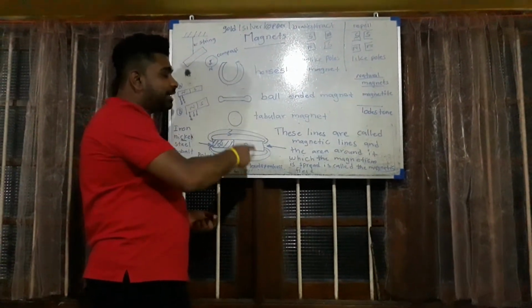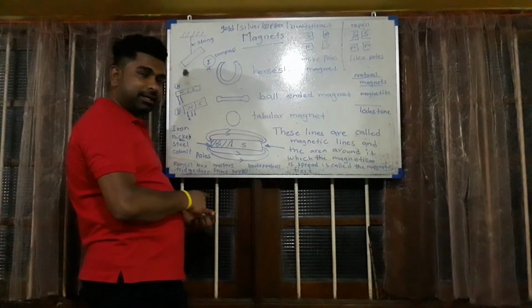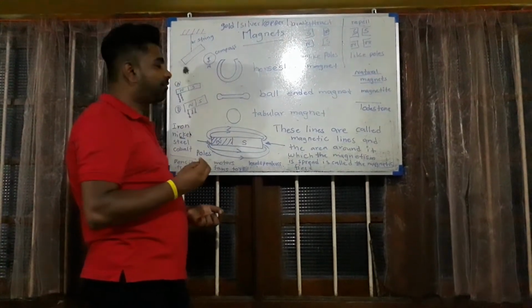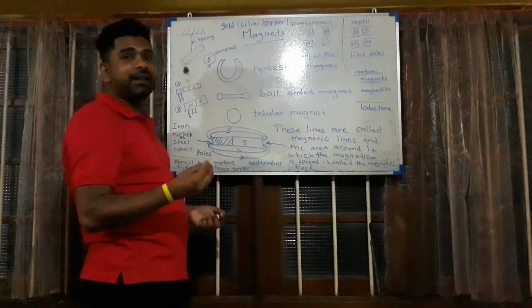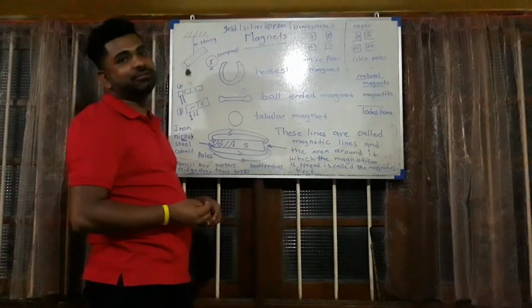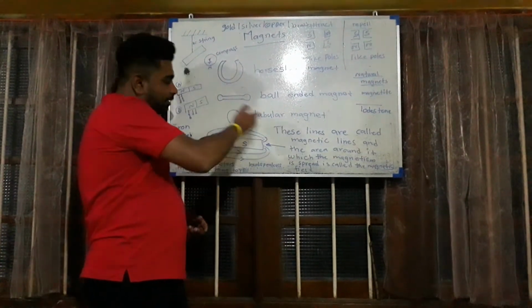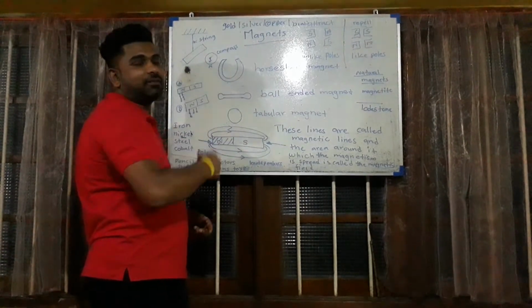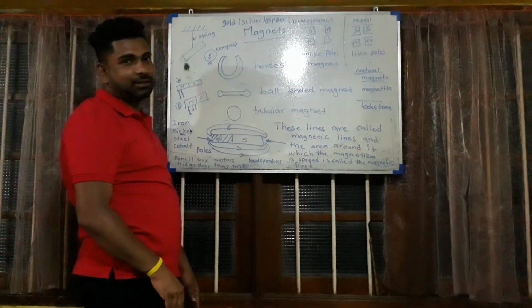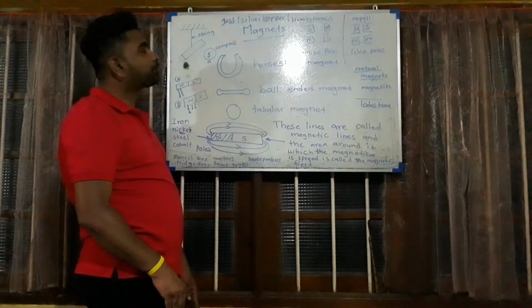So the area around a magnet where the magnetic power is spread is called the magnetic field, right?